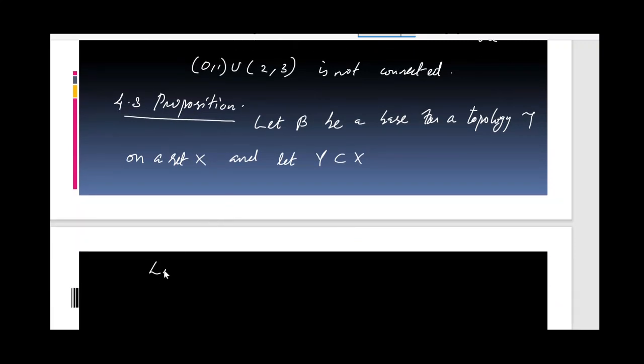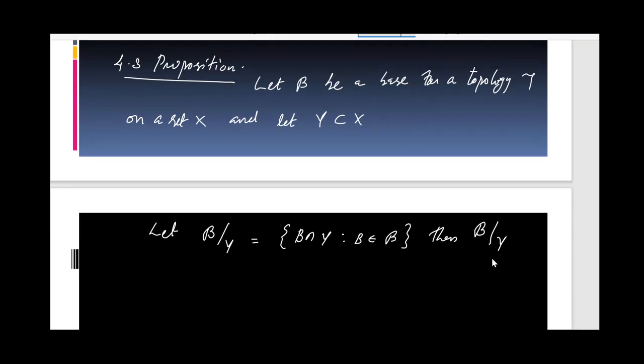So let B restricted to Y be of the form B intersection Y for some B belonging to script B. Then this B restricted to Y is a base for the topology T restricted to Y on Y.